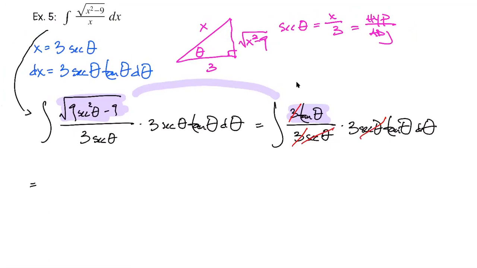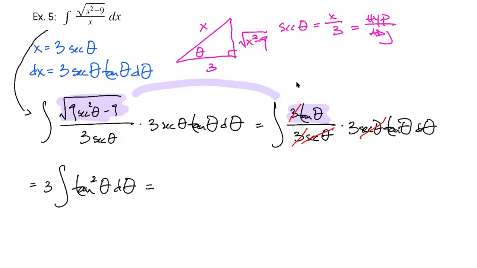It's going to be tangent squared. Good. Okay. So when you're simplifying, it's really important that you know it only reduces if one's on the top and one's on the bottom. But if they're next to each other, it's going to turn into a squared situation. Right? So when I rewrite this, I'm going to end up with 3 times the integral of tangent squared theta d theta.